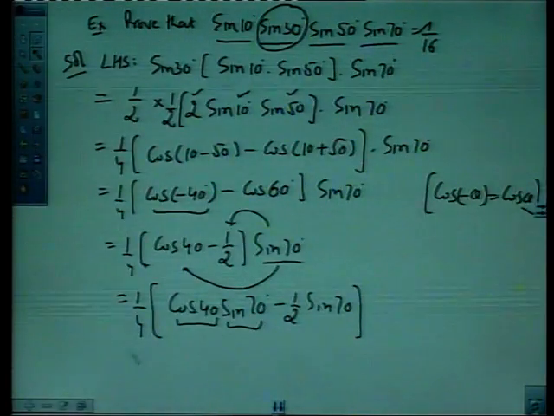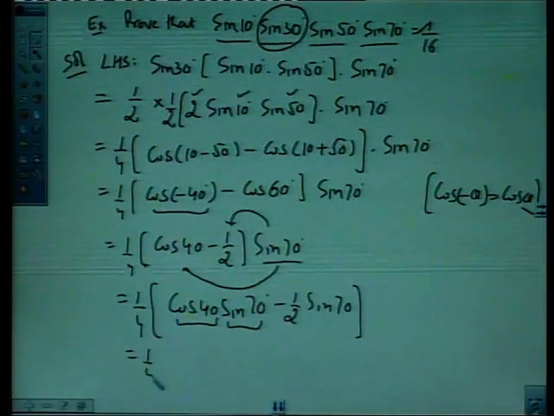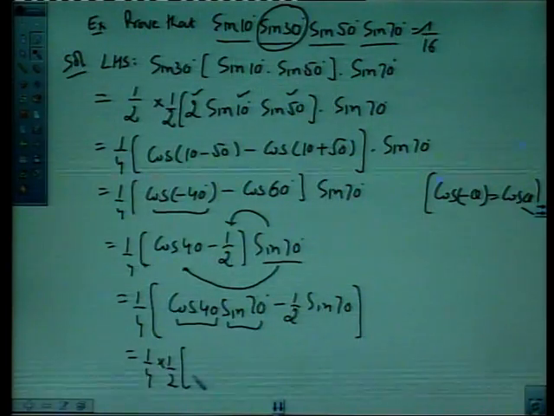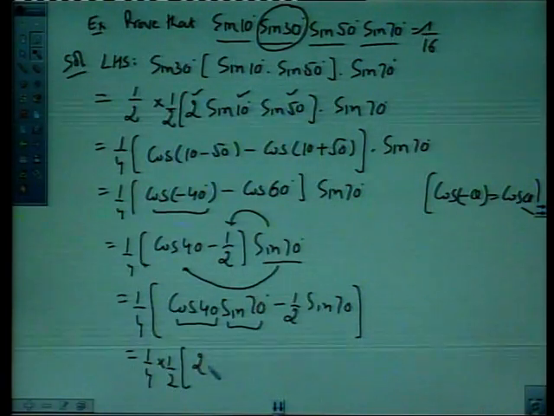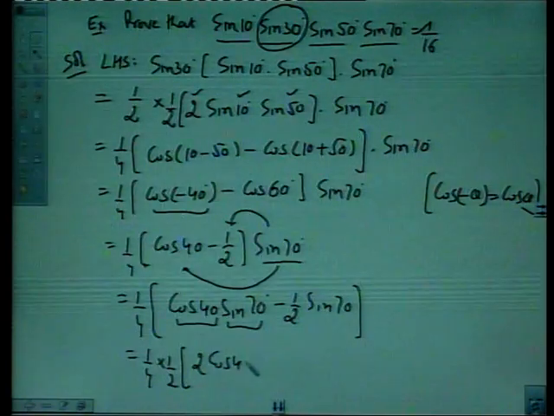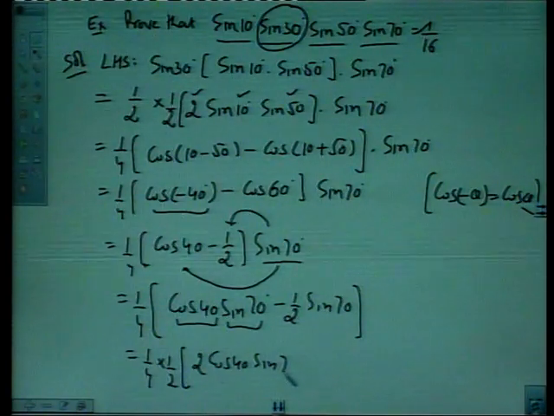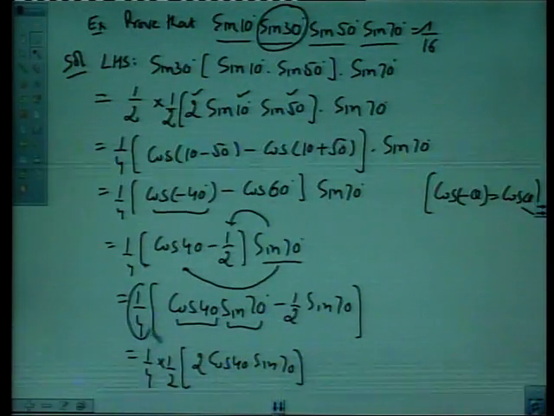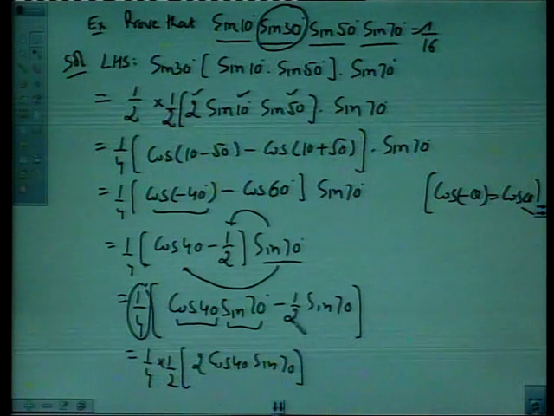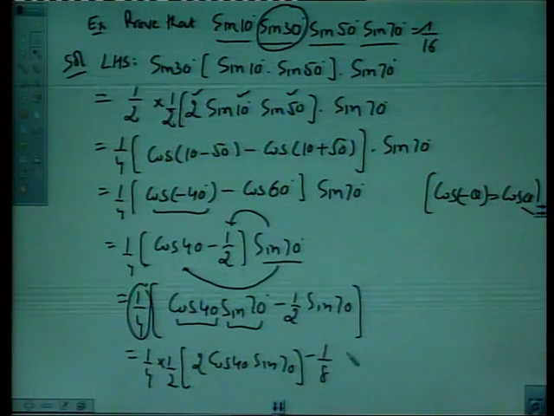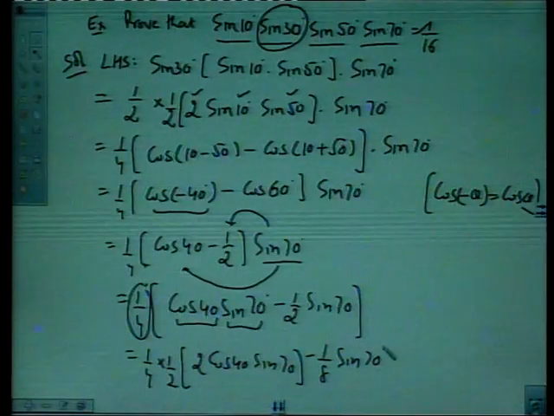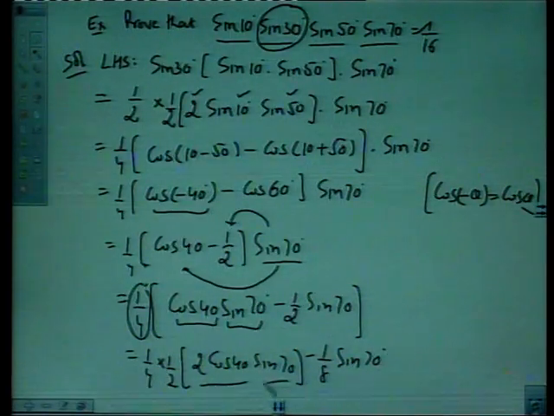We will multiply and divide by 2, so that here we have 2 into cos 40 sine 70, it is 1 by 4, and 1 by 4 with this term becomes minus 1 by 8 sine 70 degree. So this is 2 cos A sine B.